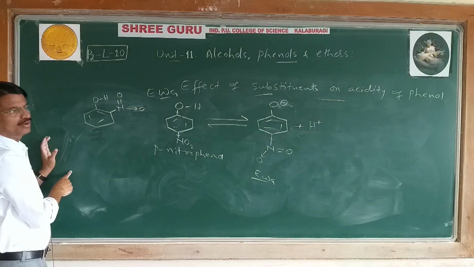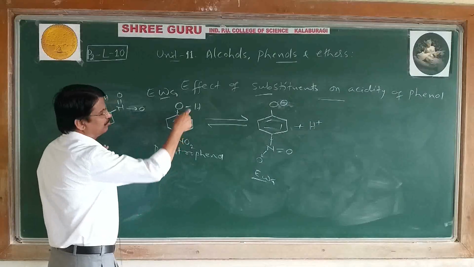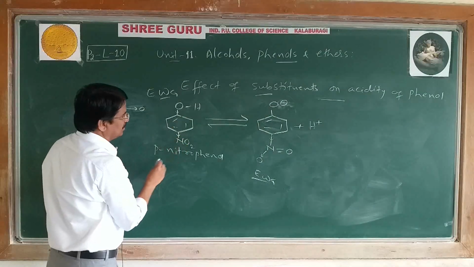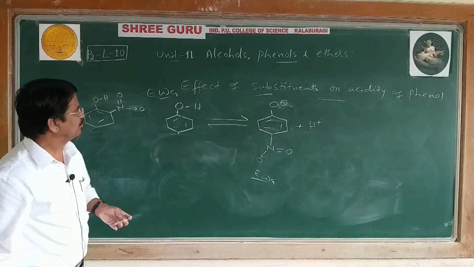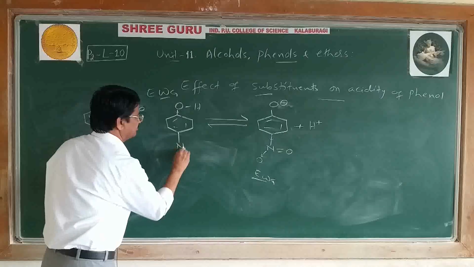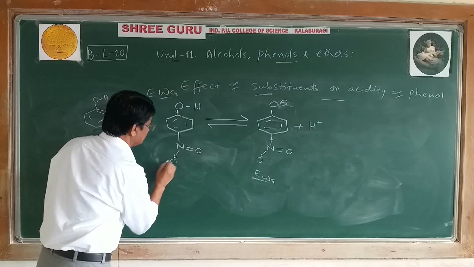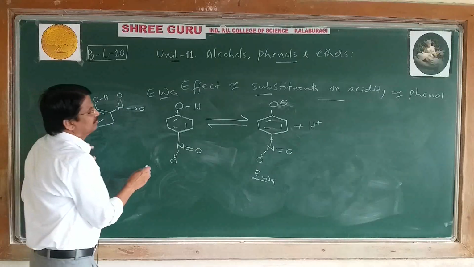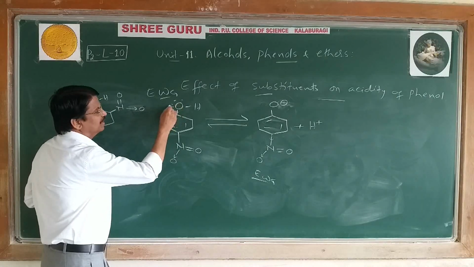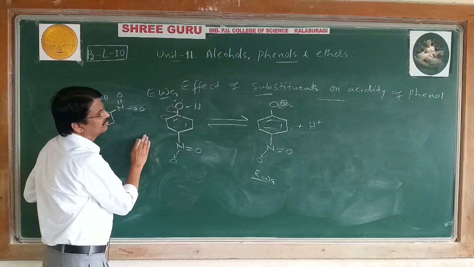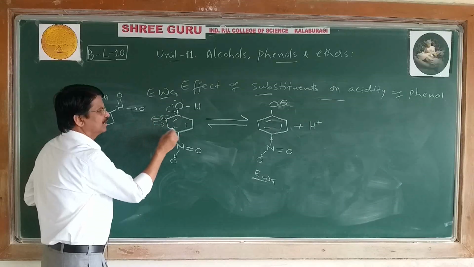This is orthonitrophenol, this one is paranitrophenol. If it is paranitrophenol, see what happened. The electron pair on O is delocalized, here negative, and it can shift like this.